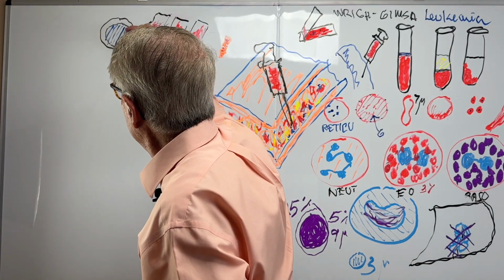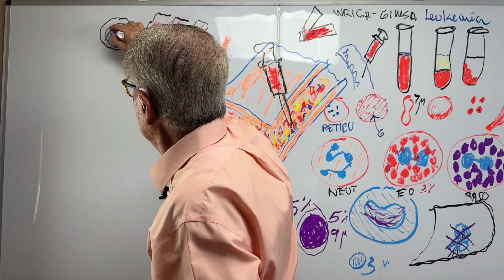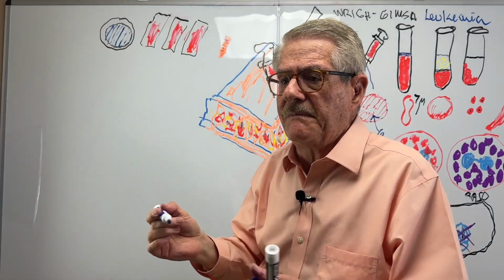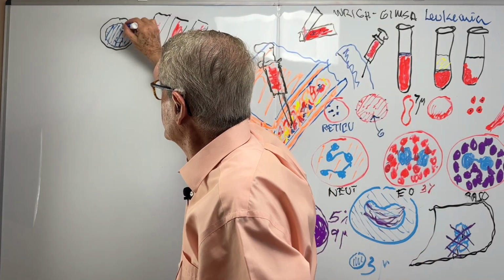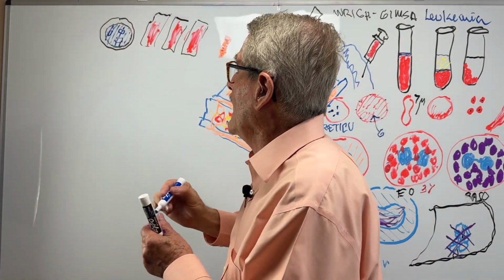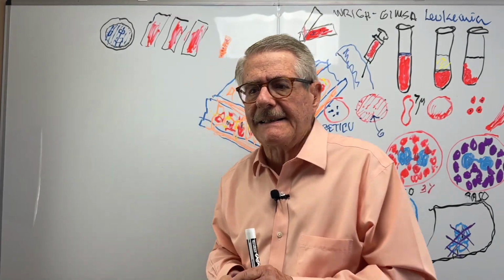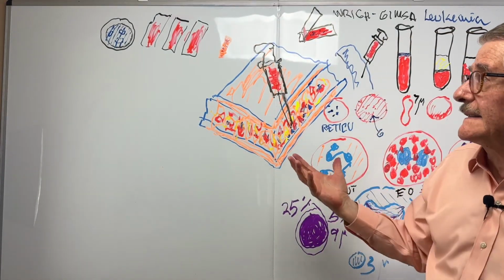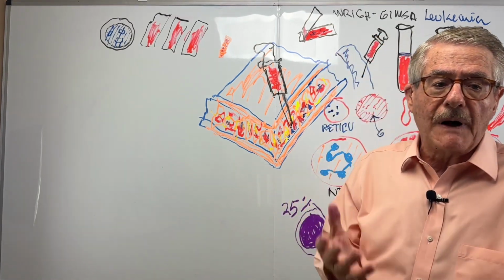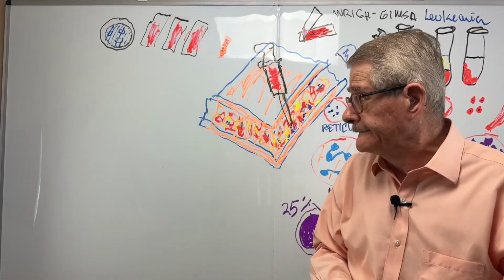It looks like this. This is a blast that may belong to one or other category, and usually has one or two or three nucleoli. These are the great grandfathers of the blood cells, essentially the pluripotent or unipotent cells.